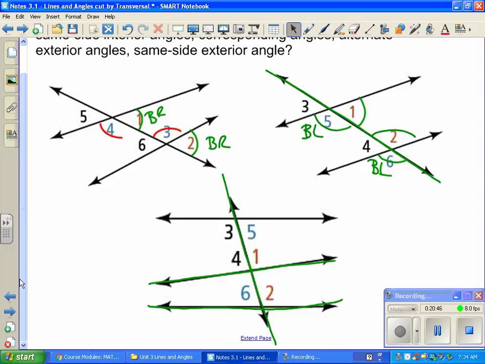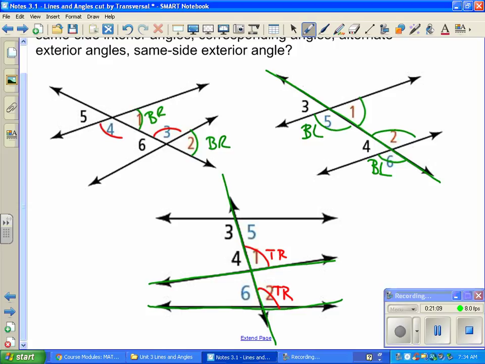They're both on the right side of the transversal, as you can see here on the right side. So that makes them inside and outside, which automatically means it can't be interior or exterior. So let's see if corresponding makes sense. This is the top right, and this is the top right of that intersection. So corresponding does make sense.